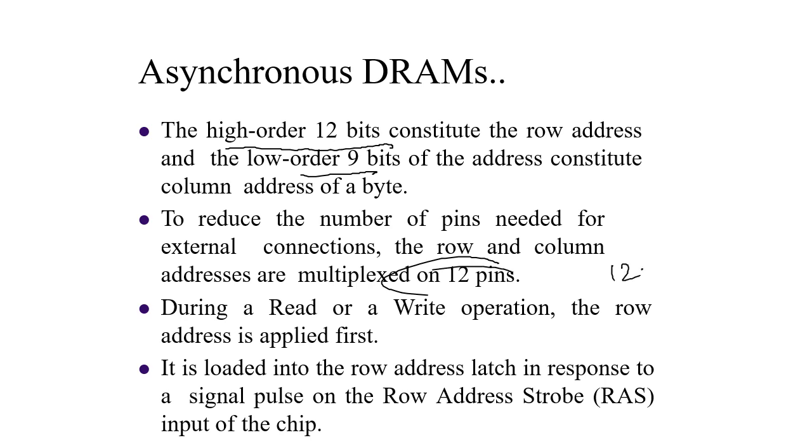The same 12 pins behave as the 9-bit column address. During a read or write operation, the row address is applied first and latched using the row address strobe signal. When the row address strobe is applied, it will latch the row address.